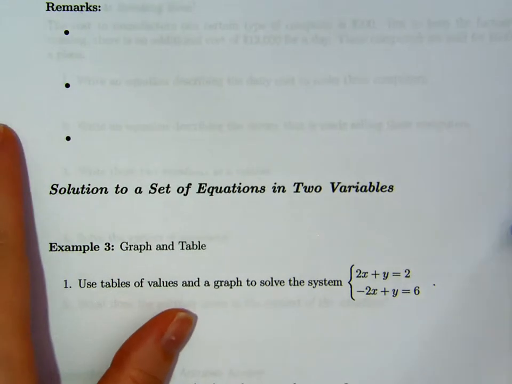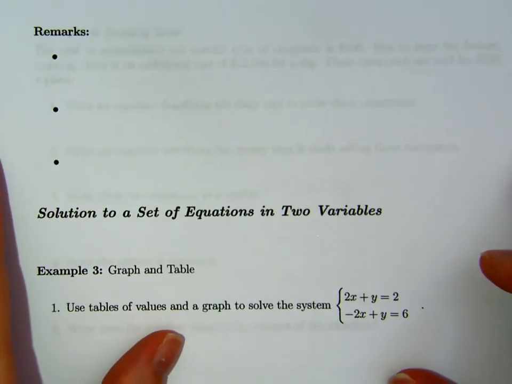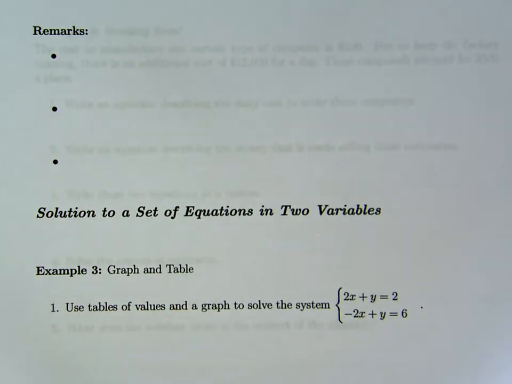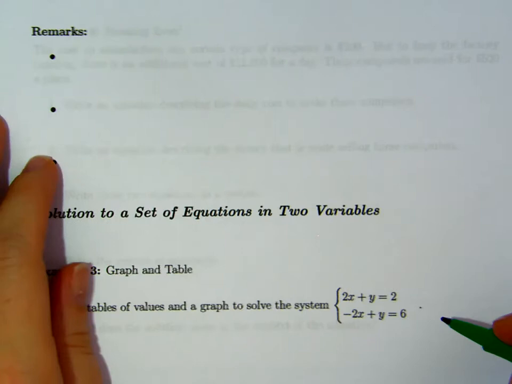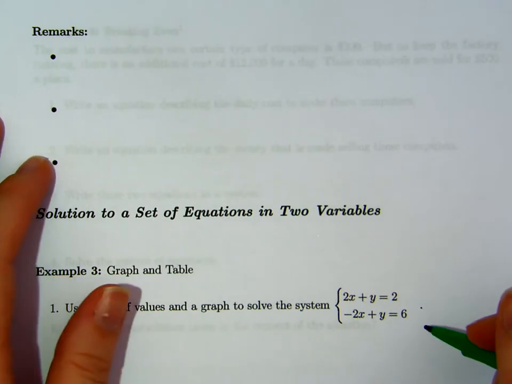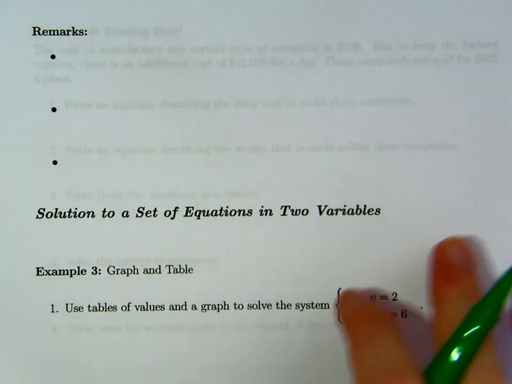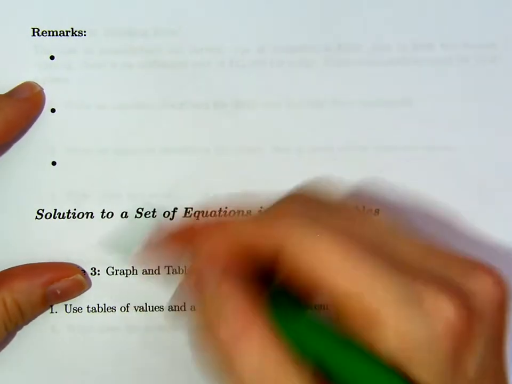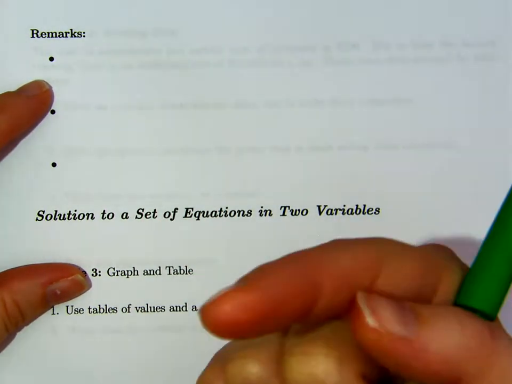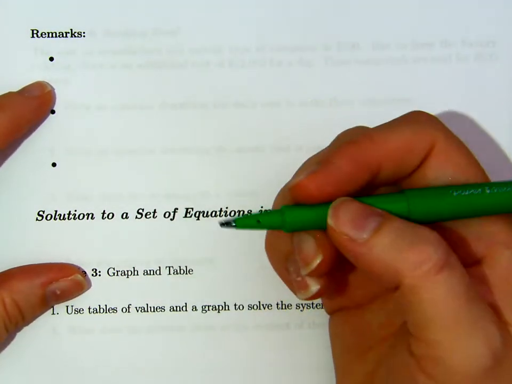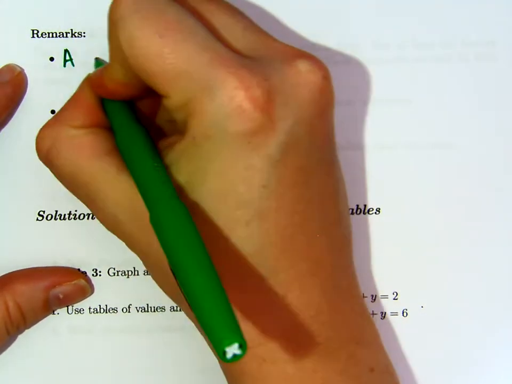All right, let's make a few remarks before we talk about solutions and whatnot. First remark: a system of equations is any group of equations working together to solve a problem, okay? So a system really does mean we need to work all of these things together to find our answer.